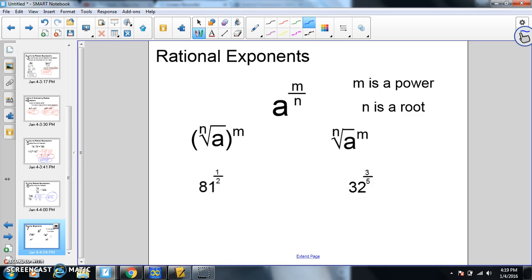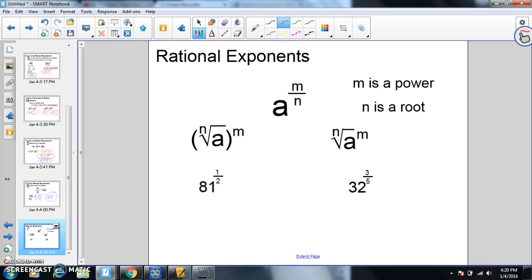And finally, we're going to use rational exponents to relate it to radicals. So, when I have a rational exponent, I can rewrite the rational exponent as a radical. M, or my numerator, is going to be the power. N, or my denominator, will be the root.